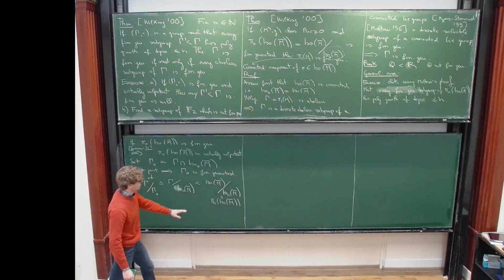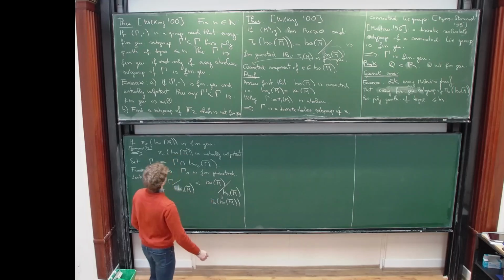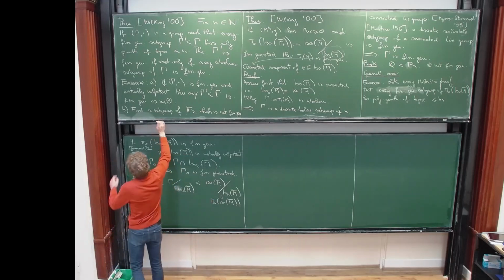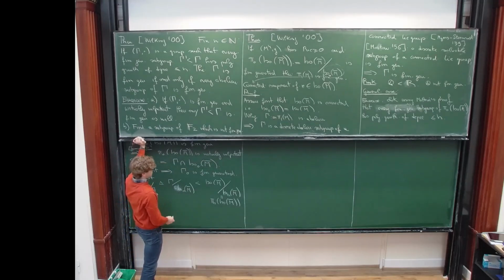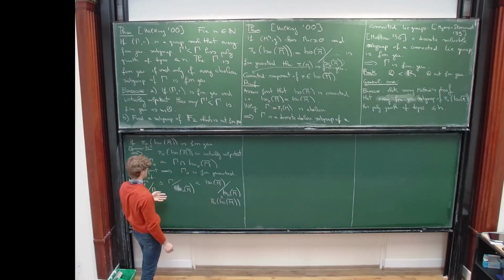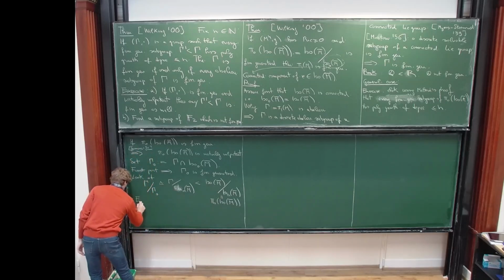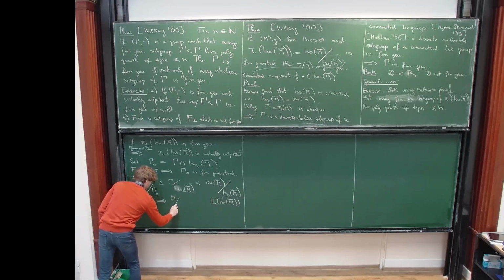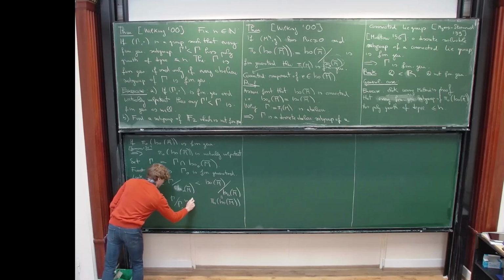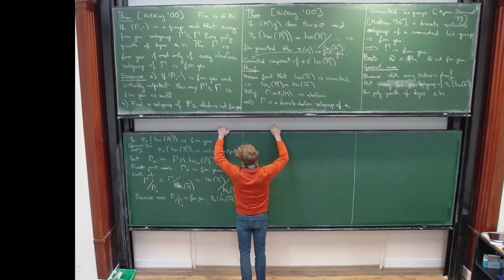But I noted before that this is virtually nilpotent and finitely generated. The exercise here says that a subgroup of a finitely generated and virtually nilpotent group is finitely generated as well. So the exercise implies that gamma mod gamma 0 is finitely generated.